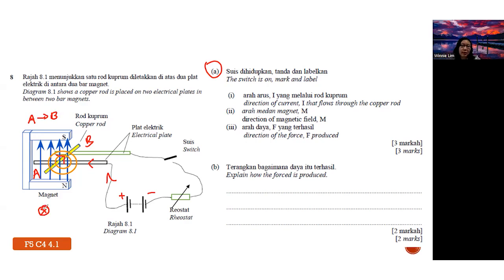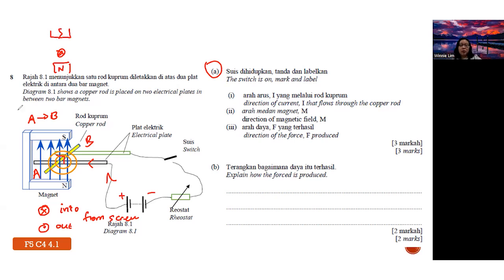Normally in some questions they use 2 dimensions. Cross means the current goes into the page. Dot means the current comes up from the screen or paper, if you have the question paper. So be careful with the idea. In this context, if I transform it into 2D, it is into, and then you have the magnet south and then north.